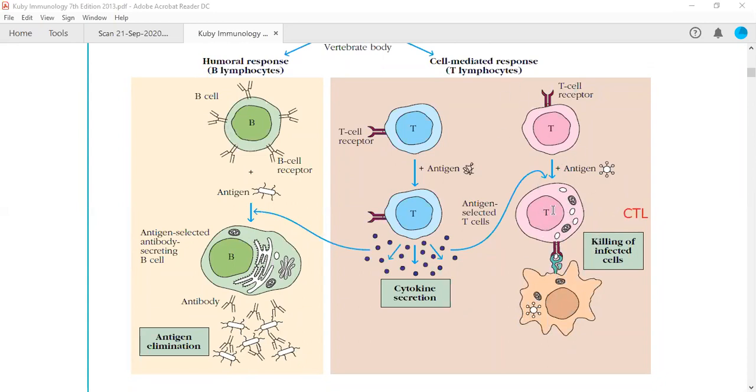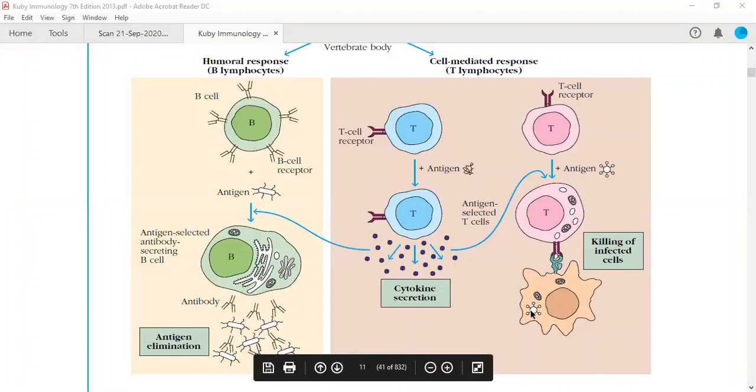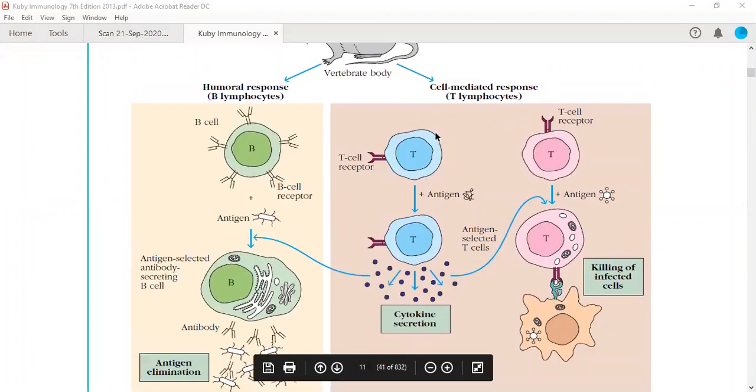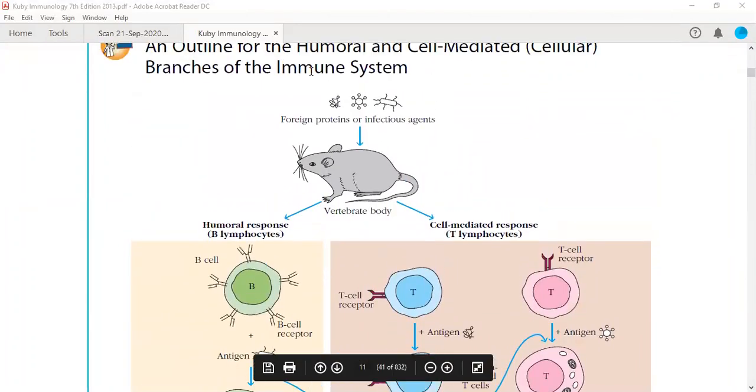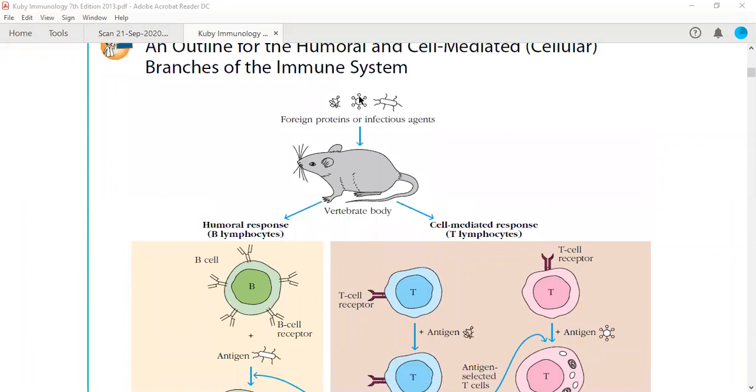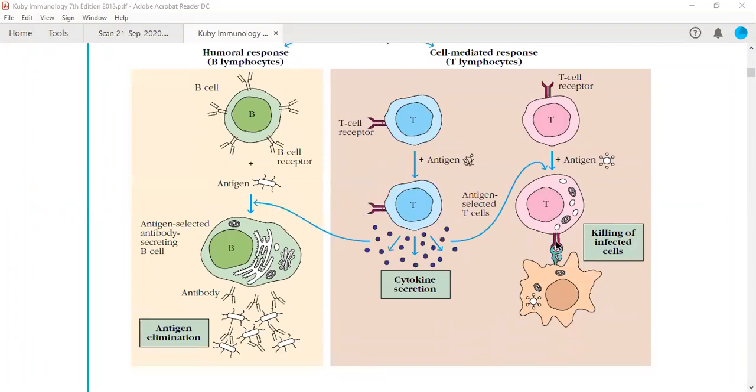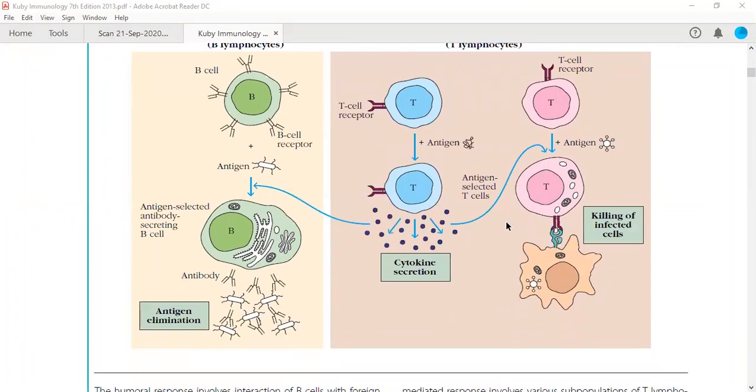So these cytotoxic T lymphocytes, which come from these naive cells after differentiation, will interact with the infected cell and they can kill it. You can see this pathogen here, coming from outside. So if it is an intracellular pathogen or virus, then it will be killed by the cell mediated immune response.